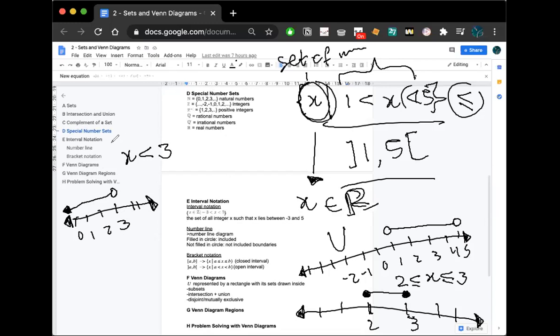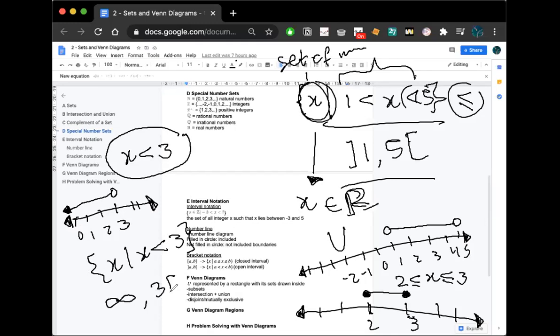Okay, so in the interval notation case, if there's this kind of form, you can just say x is less than 3. But in the bracket notation case, you need to express it as infinity and 3.